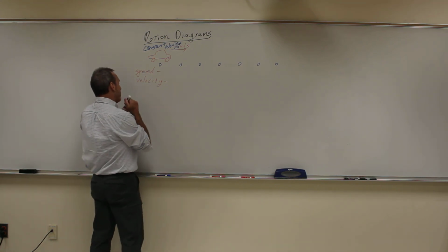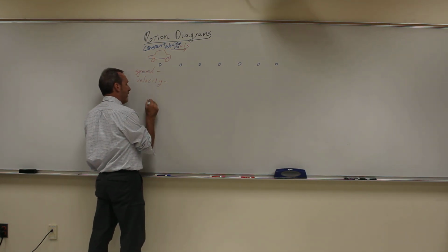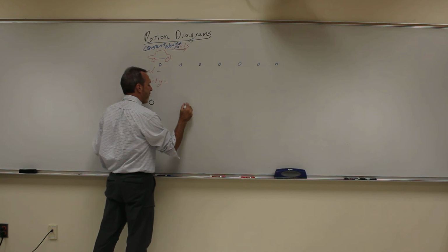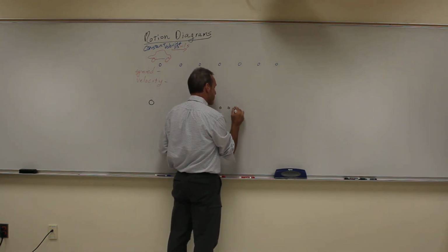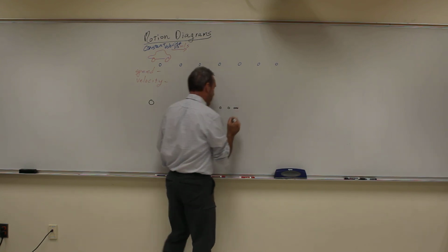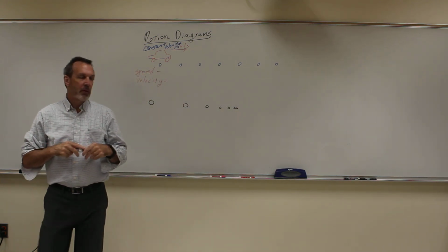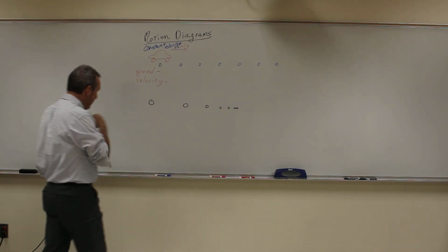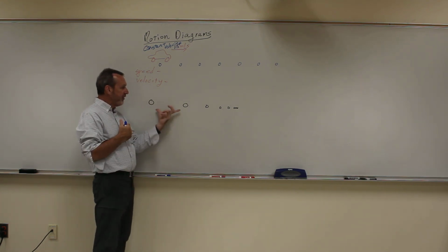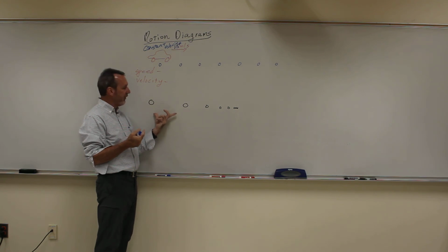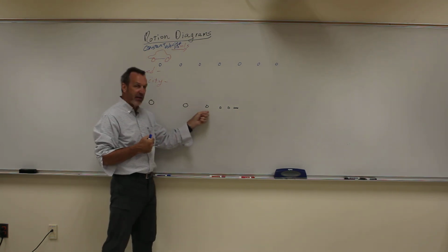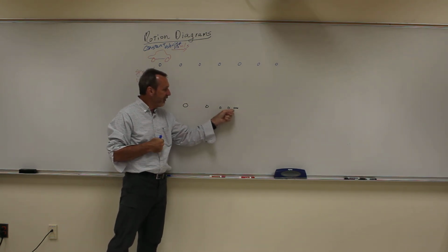All right, what if I have a motion diagram like this? So here's a car, but this is its motion diagram. What we see then is that the first second, if it's done every second, it depends on what your time interval is, it went much further than it did in later seconds, and it got shorter every single time.